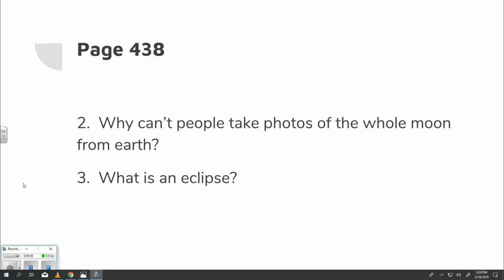The moon's rotation and revolution take about the same time, so Earth only sees one side.